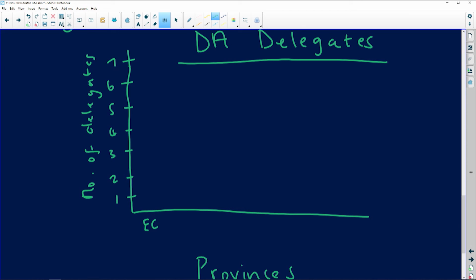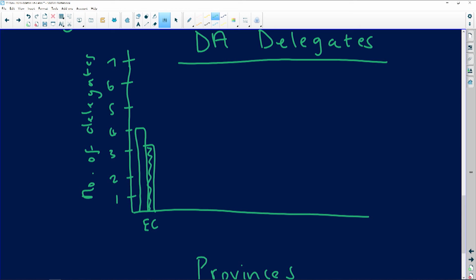Always look at your scale. Eastern Cape is then 4 permanent. And then Eastern Cape is 3 special. Those are the 2 bars. So you can see the difference between permanent and special.